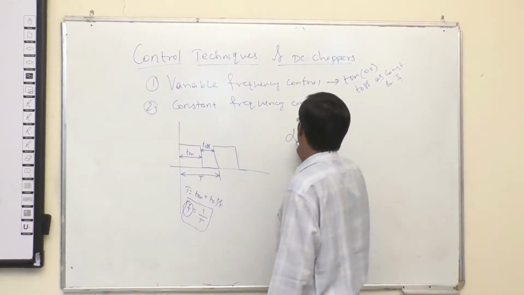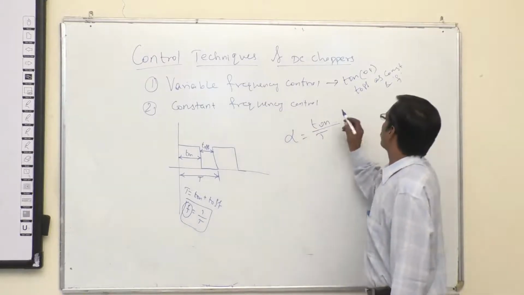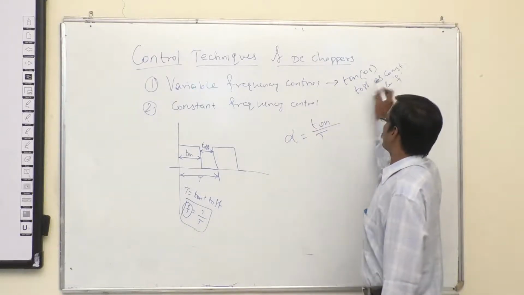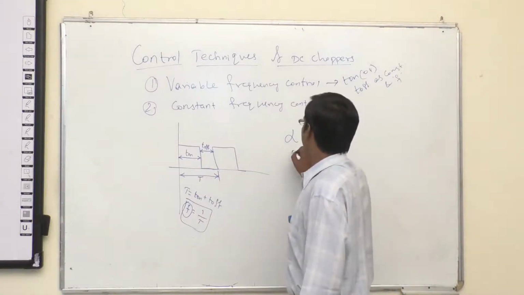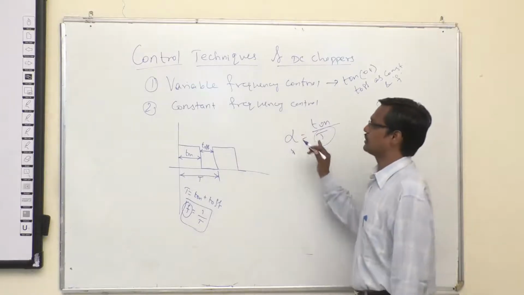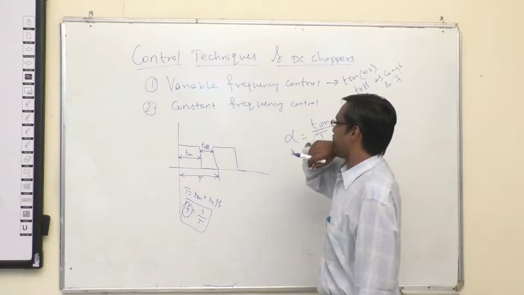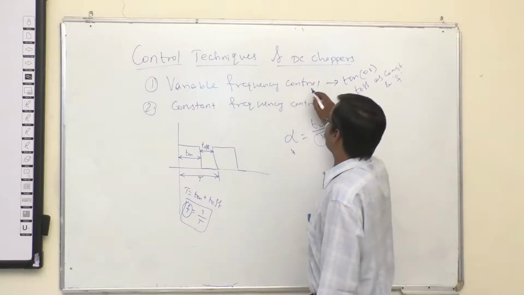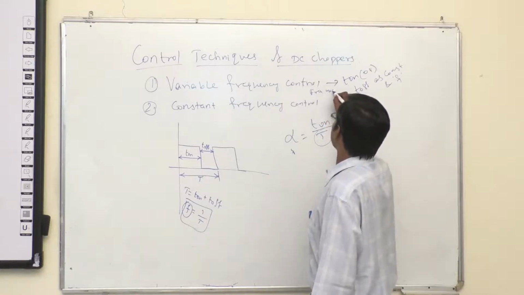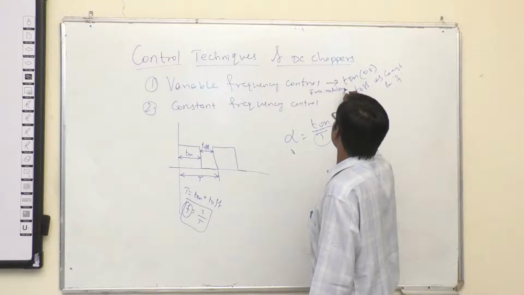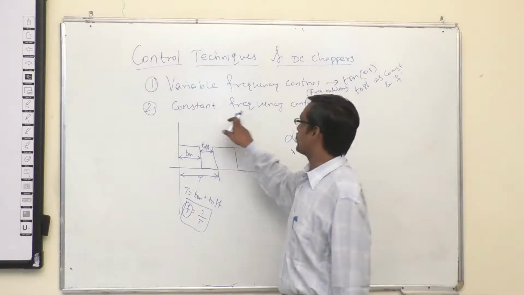Duty ratio alpha equals T on divided by T. Here I am keeping T on or T off constant and changing the T, so that I am changing the alpha value. This is one method, the variable frequency method. Another name for this variable frequency method is frequency modulation.